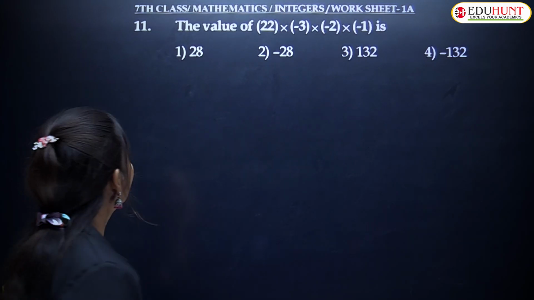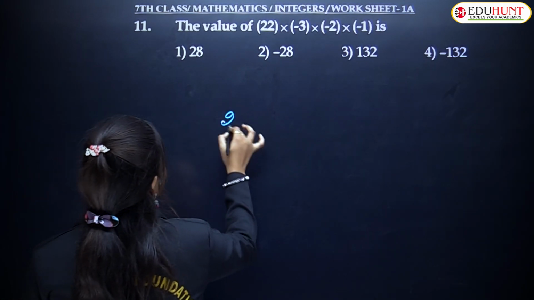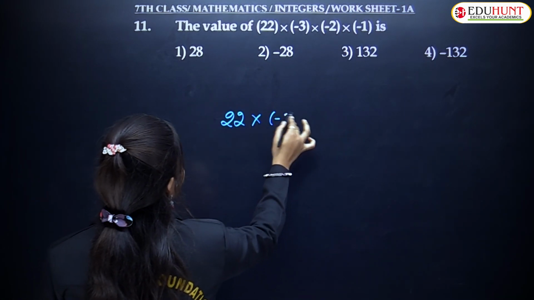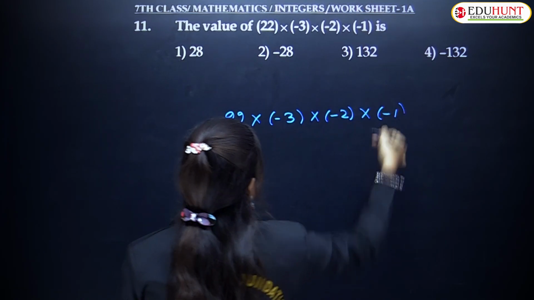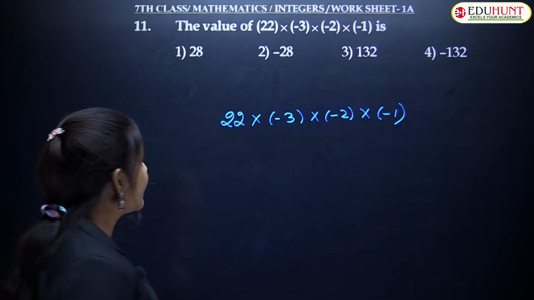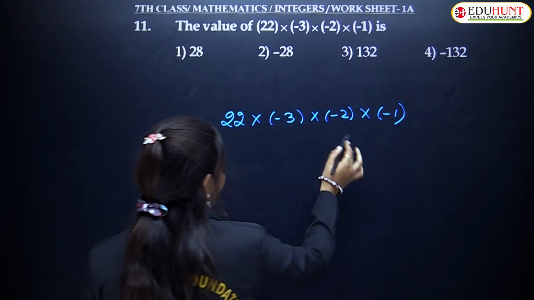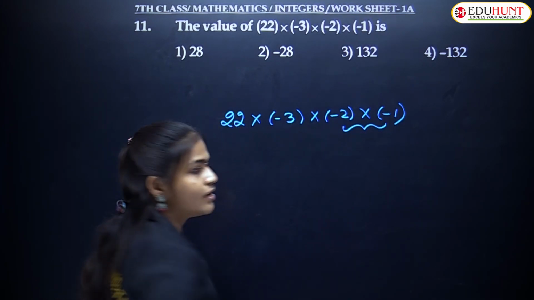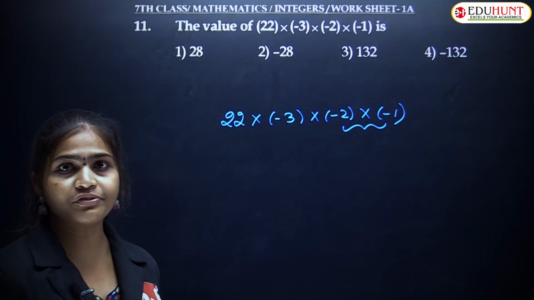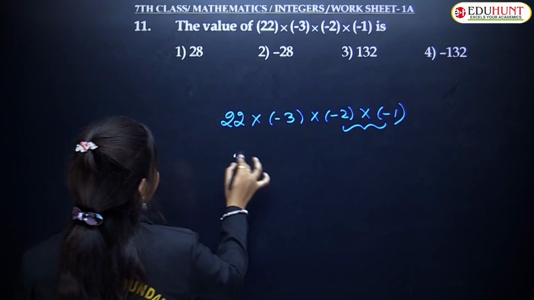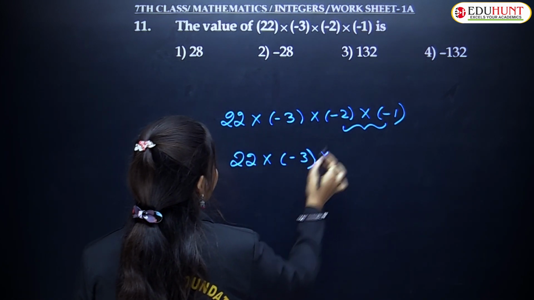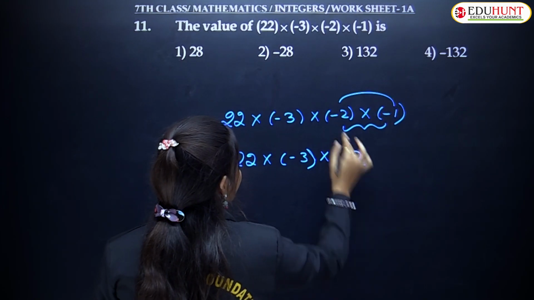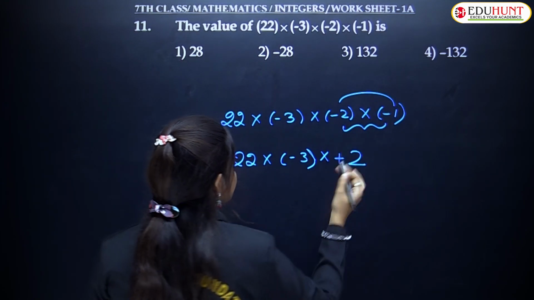Okay, the value of 22 into minus 3 into minus 2 into minus 1. Understand? So here we can write that the product of two negative integers is always positive. So 22 into minus 3 into 2 into 1 is 2, and minus into minus is plus.